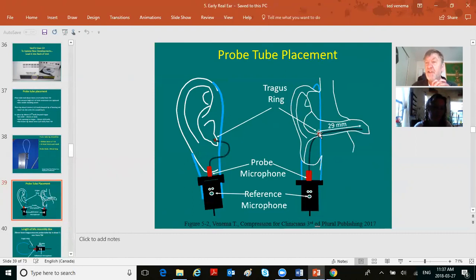So there's two things to be concerned about with all real ear, whether it's yesterday's or today's, and that is where to put that little ring so that you can be assured the end of the tube is close to the tympanic membrane, within 5 millimeters. Just so this isn't abstract, what did I say at MHS?